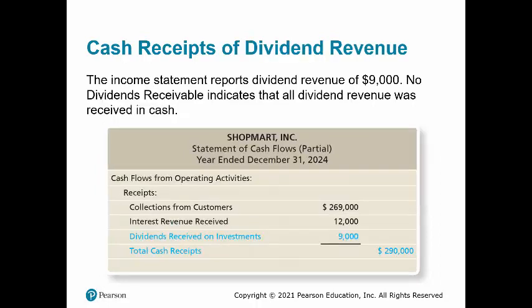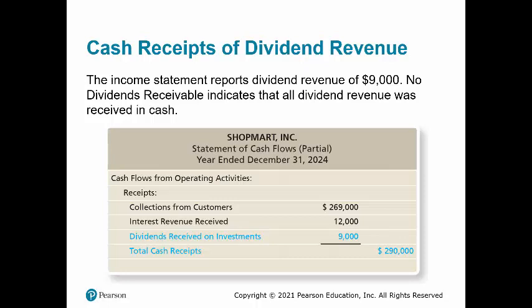The income statement also reported dividend revenue of $9,000. The balance sheet account related to dividend revenue is dividends receivable. However, there was no dividends receivable account on the balance sheet. Therefore, the dividend revenue must also have been received in cash.